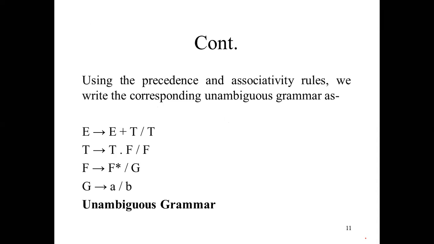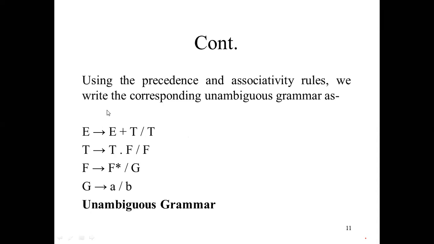Now come to the precedence and associativity rules. Whenever we provide the precedence and associativity rules, we write the corresponding unambiguous grammar. This is the fixed grammar in the context of compiler design.